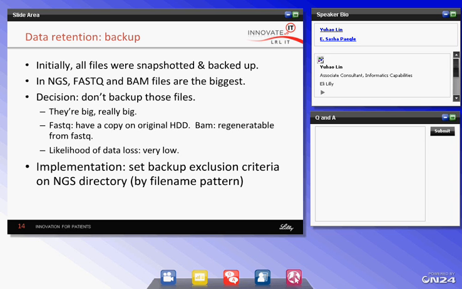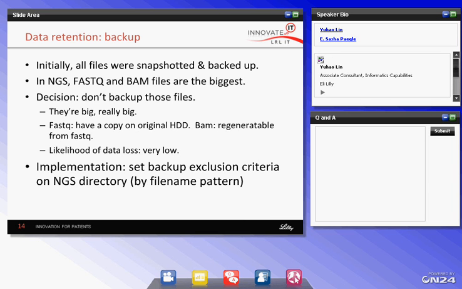And our reasoning was that, first of all, those files are really big, so you need a lot of space to keep a copy of that. The other thing was that we get our raw data usually from sequencing vendors by hard drives, so we keep those hard drives.